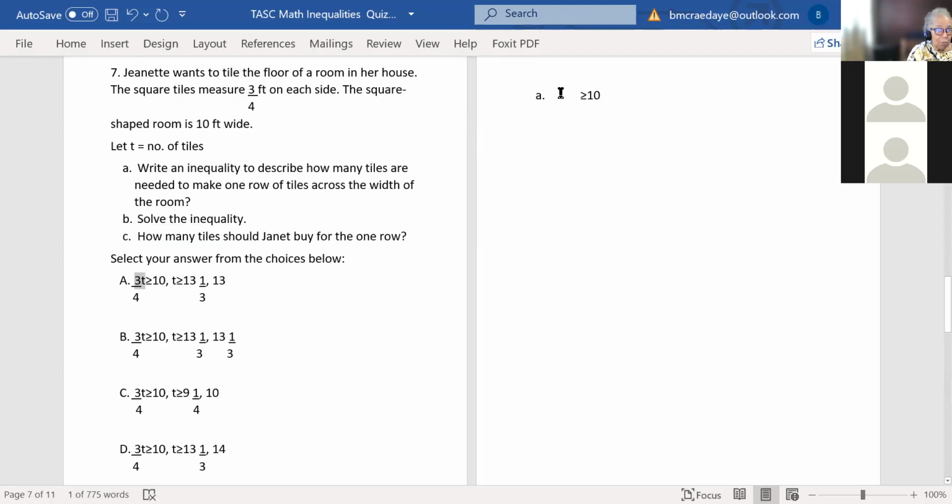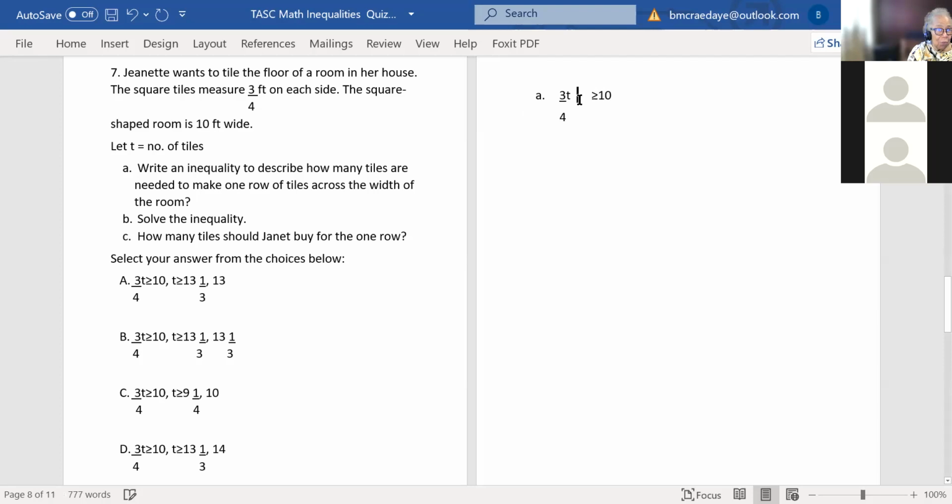So this 3/4 T, just put that and put the 4 underneath here, because we said let T be equal to the number of towels.